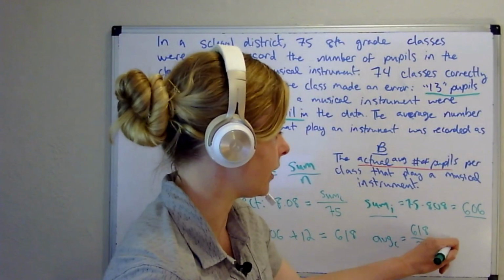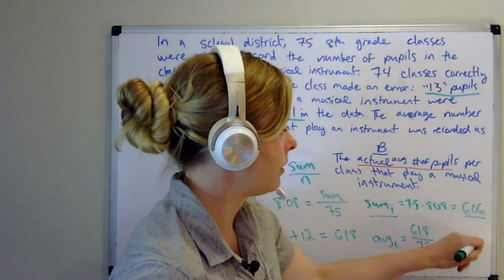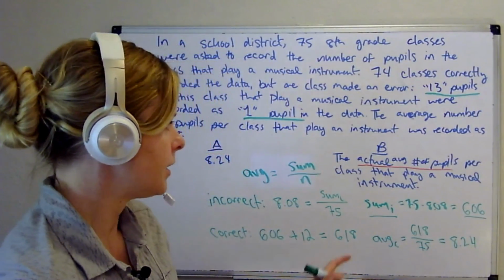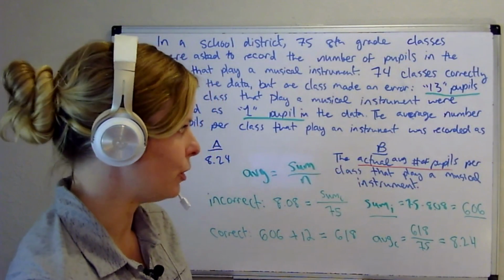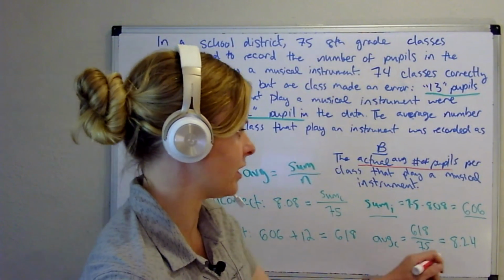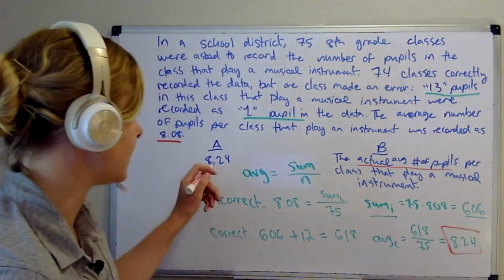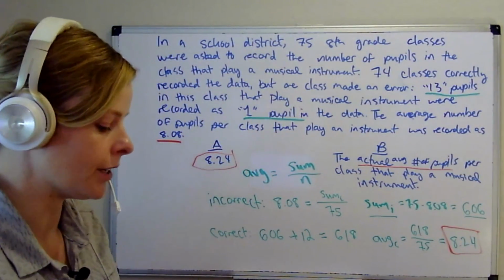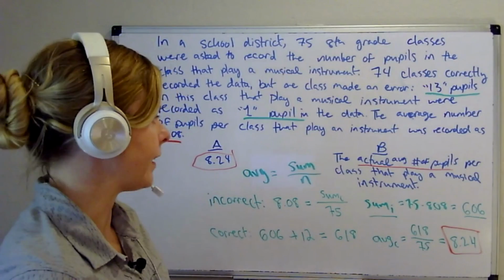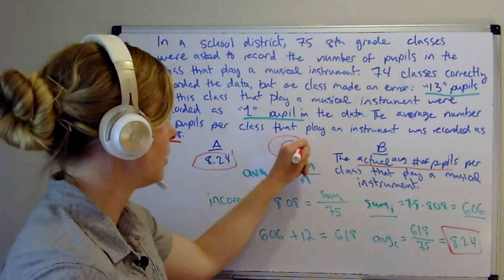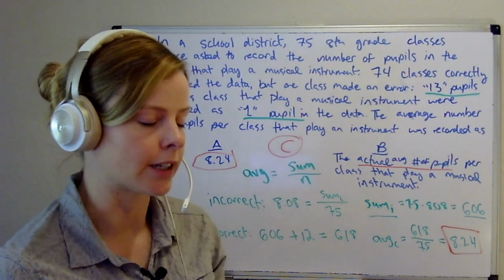And when you do that calculation, you end up with 8.24. So our actual average number of pupils per class that played a musical instrument is 8.24. That's exactly the same as the number that we are trying to compare to, which gives us a final answer of C. Both of these quantities are equivalent to one another.